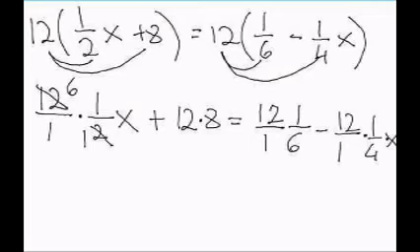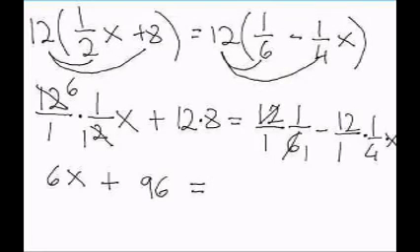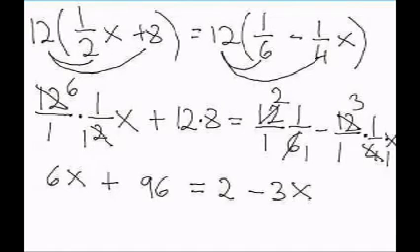So I end up with 6 over 1 x, which I'll just write as 6x, plus 12 times 8, which is 96, equals: the 6 goes into 12 2 times, and the 4 goes into 12 3 times. So we end up with a 2 over 1, I'll just write 2, minus 3 over 1 times x, so 3x.